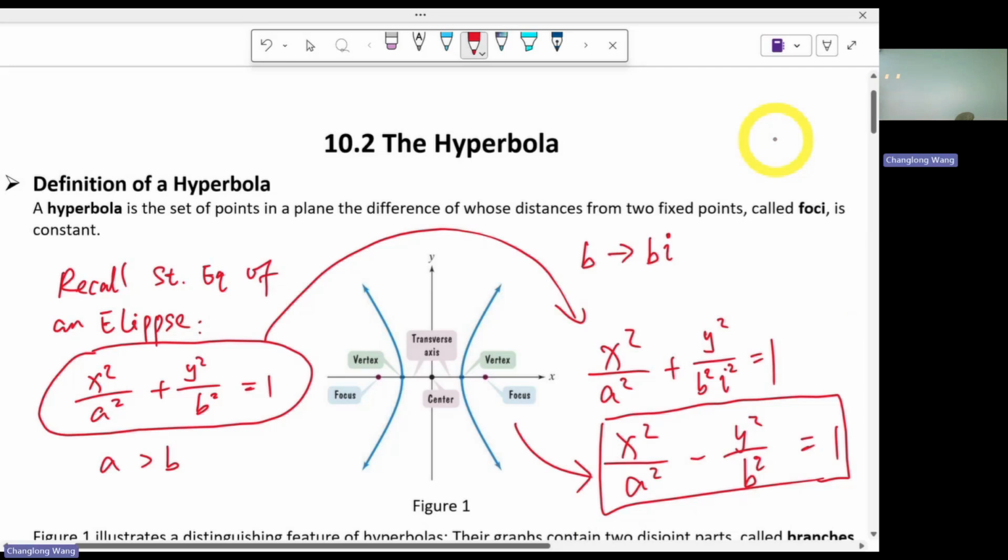And I hope you see why they call the things to do with the b the imaginary axis, because all it takes to go from an ellipse to a hyperbola is making the b imaginary. And that means a is the semi-real axis, and b is the semi-imaginary axis. But unfortunately, if you go with an older book, a is the semi-transverse axis, but we don't have a name for the b. It's just whatever it is.